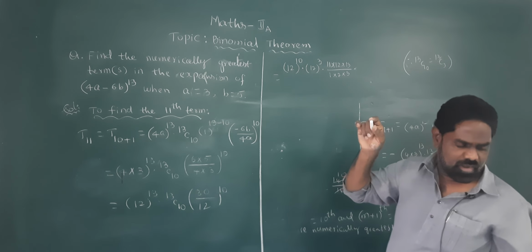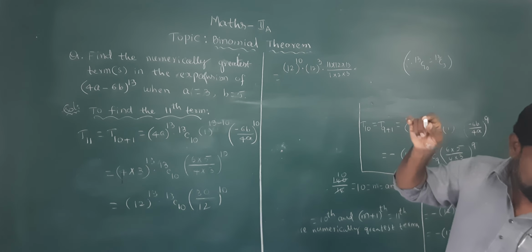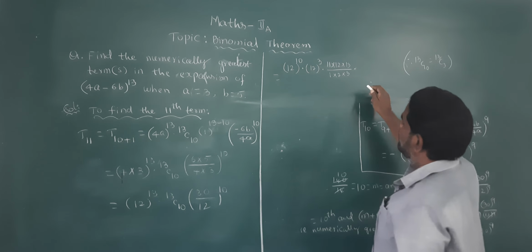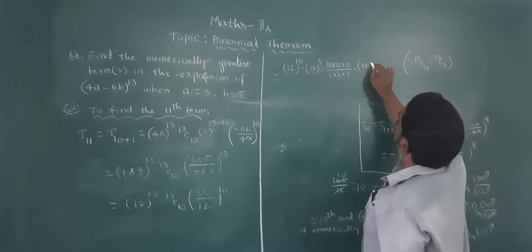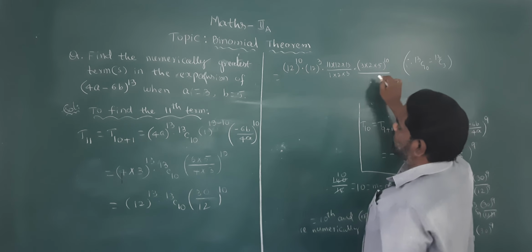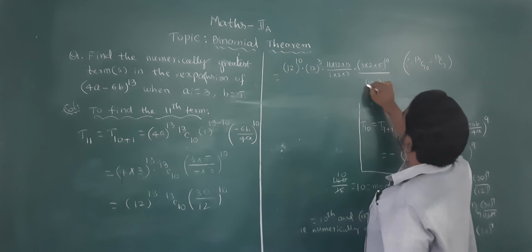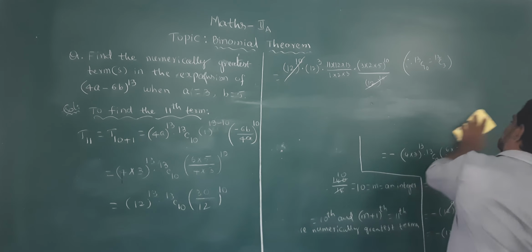Okay, 30 power 10 can be written as like this. 30 power 10 is (3 into 2 into 5) power 10 by 12 power 10. 12 power 10 gets cancelled.